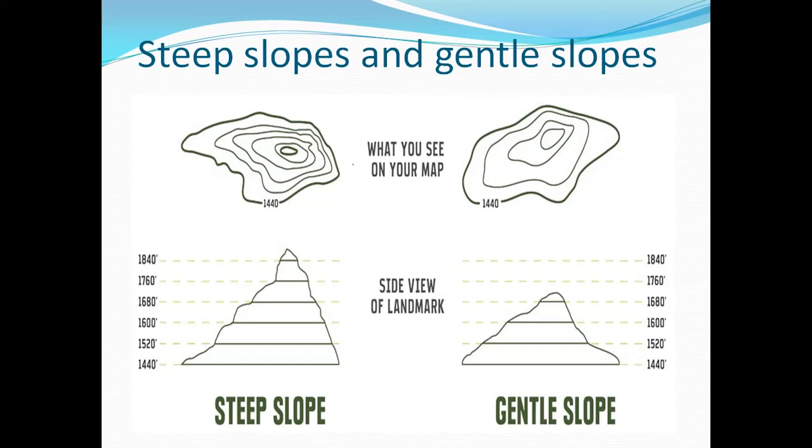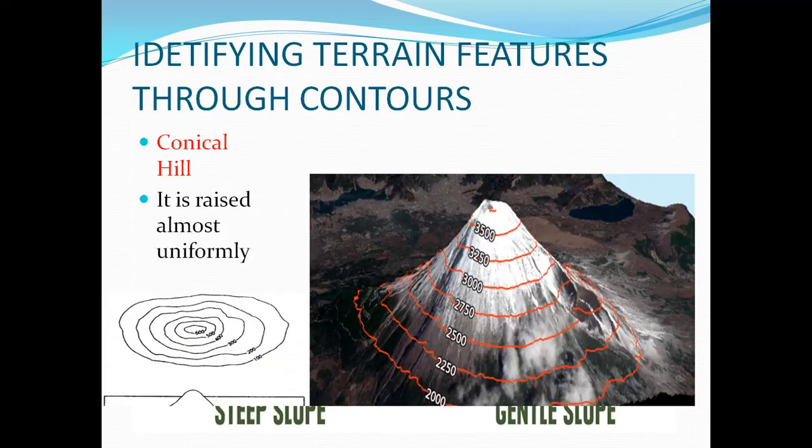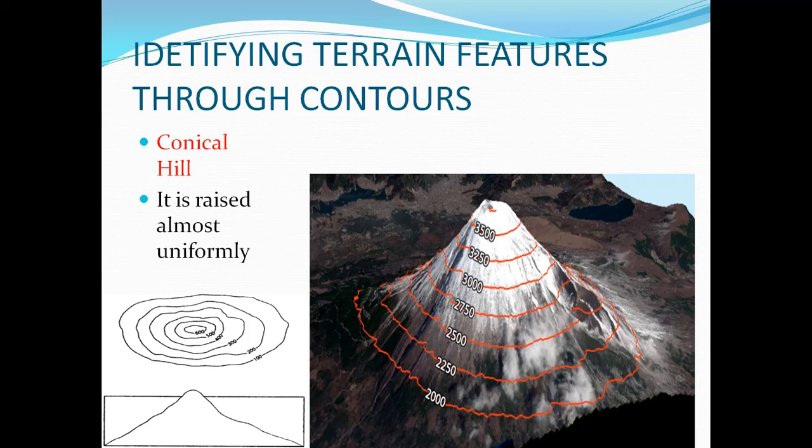Now let us look into the identification of different terrain features through contour lines. Let us first go to a simple physical feature, a conical hill. It is just raised almost uniformly.